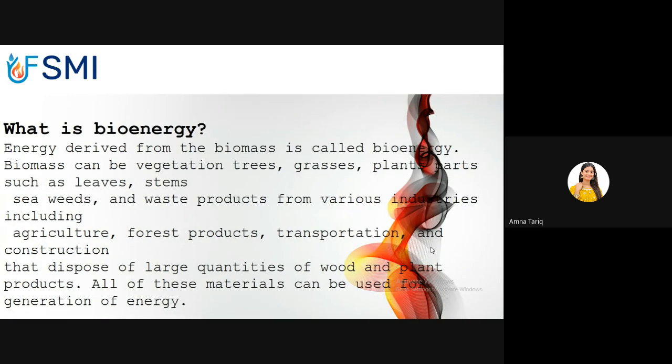Up next: what is bioenergy? This is an example of renewable energy sources. Energy derived from biomass is called bioenergy, also known as biomass.